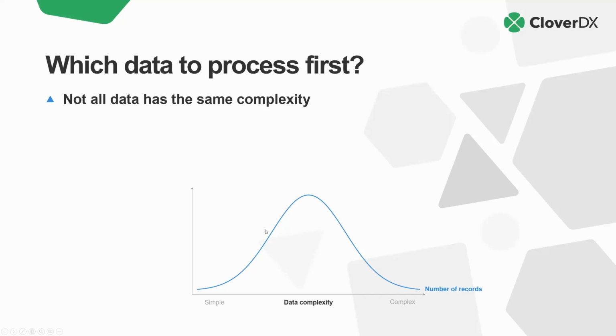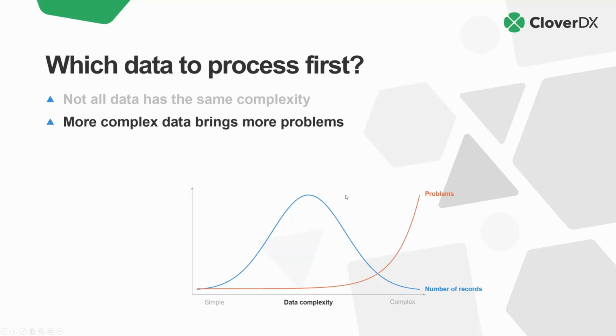They will be of, say, medium complexity, right? But it's not all the data. And often I can see that this is actually the area that most people who are not experienced with data integration will focus on. But where the problems actually are, and where you spend the most time, is actually this part.